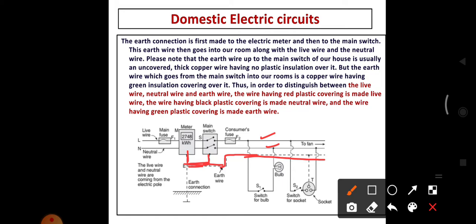Please note that the earth wire up to the main switch of our house is usually uncovered. You know that the live wire is insulated with red plastic, and the neutral wire is covered with black plastic. But the earth wire is not covered up to the meter and main switch.